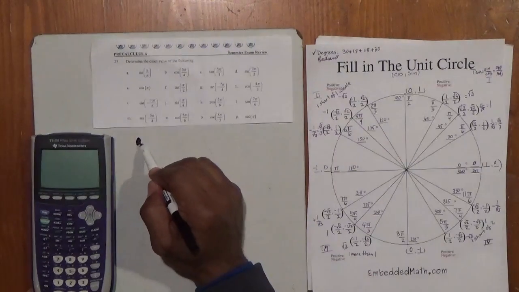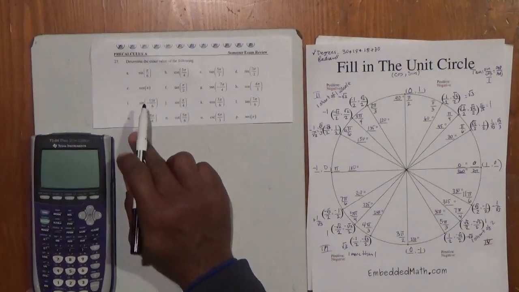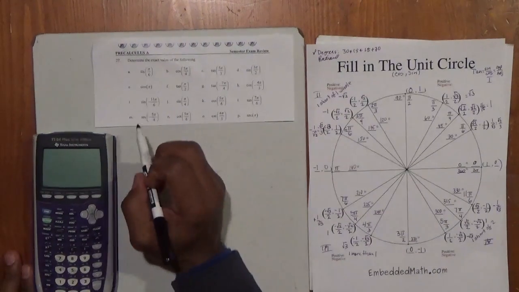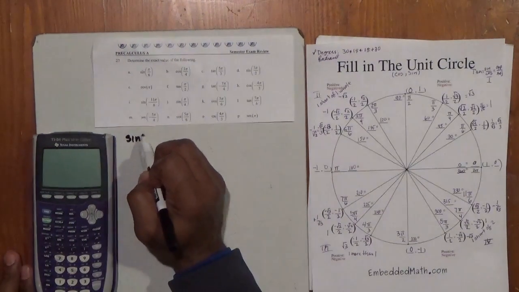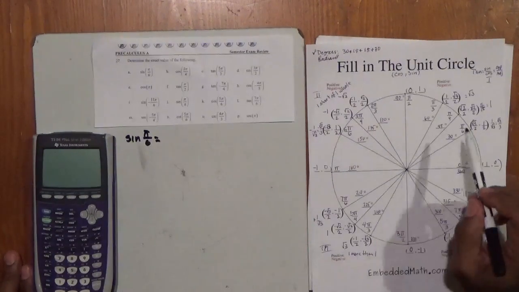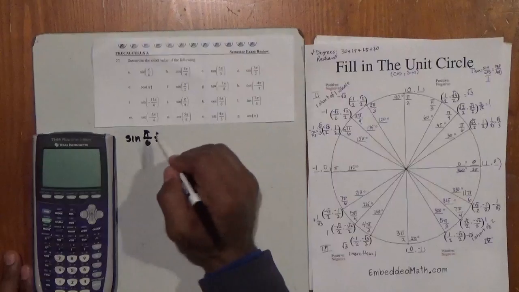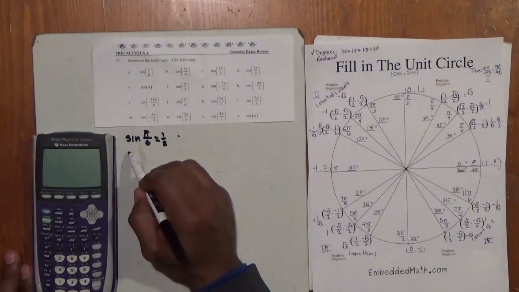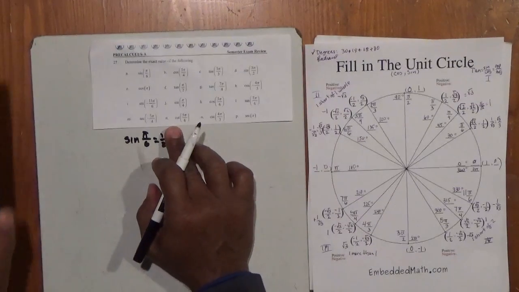So A is sine pi over 6. So I go to pi over 6. I look at the second value. That's 1/2. Cosine. Let me use this whole thing.